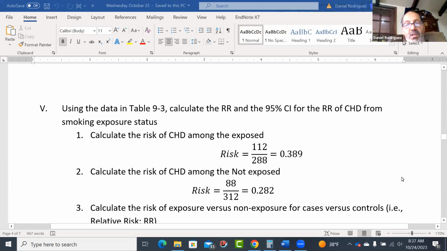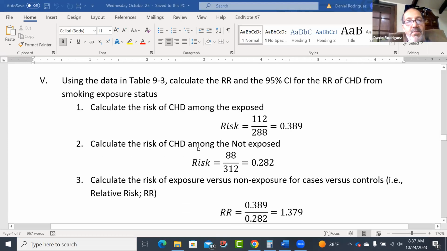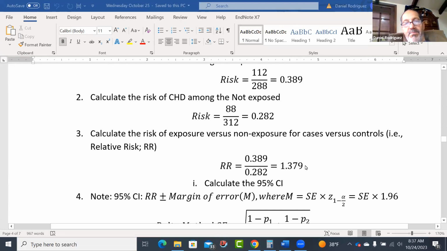The risk will be 112 out of those 288. So 112 divided by 288, that could be our P1 if you'd like to call it that. It's 0.389. The risk among those who are not exposed was 88 divided by 312, as there were 312 people, and 88 were CHD positive. That's a risk of 0.282.